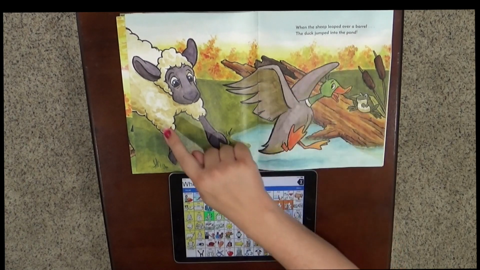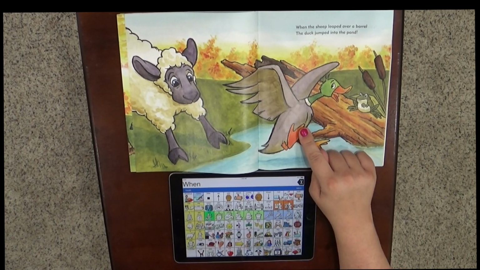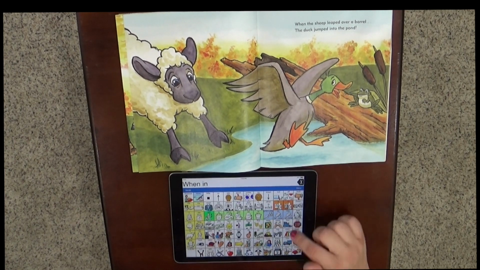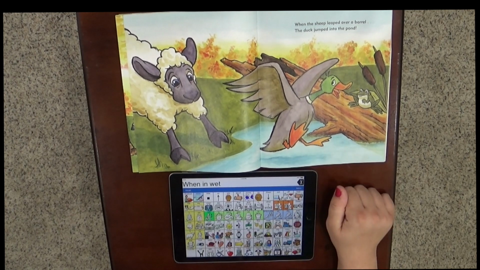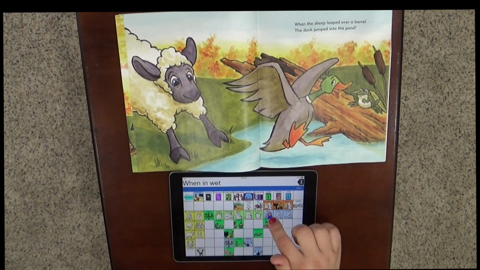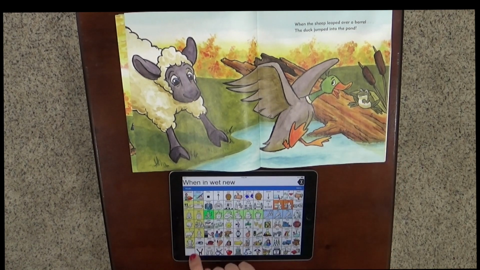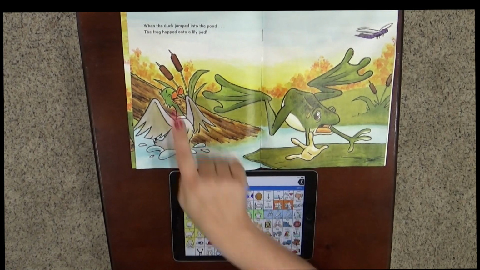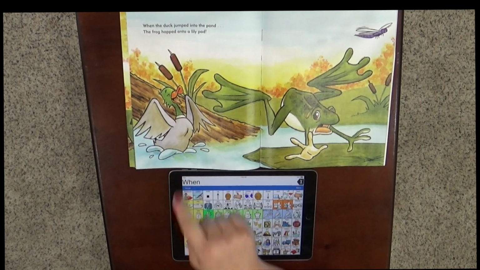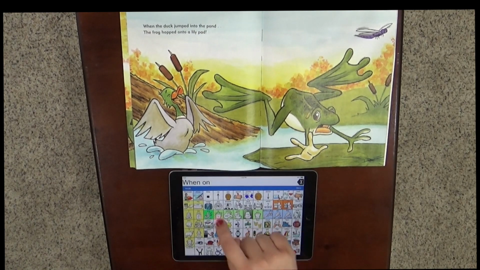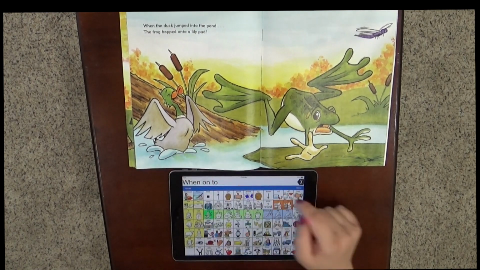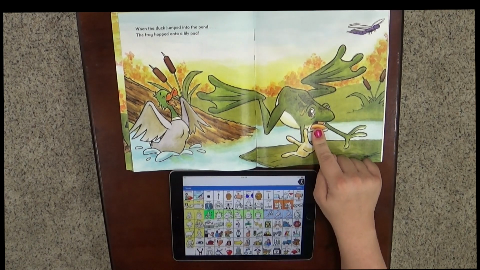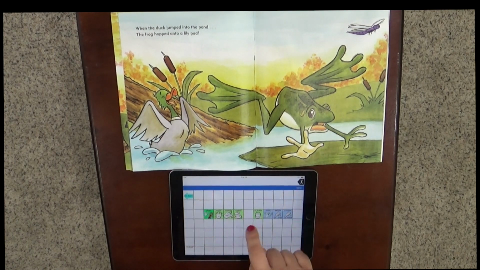When the sheep leaped over the barrel, the duck jumped into the pond. Oh no, it's gonna get so wet in the pond. And look, there's another new animal. When the duck jumped into the pond, the frog hopped onto a lily pad. Yes. Look at that frog's face. Whew.